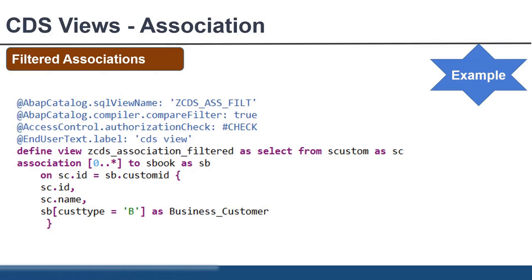In this case, SB cust type equals B. So basically we have filtered the data from SBook with those entries having cust type equals B only. And another thing to notice here is that we need to specify an alias, in this case business customer, whenever we define a filtered association.